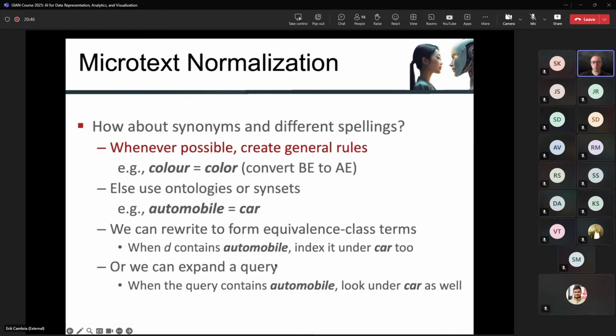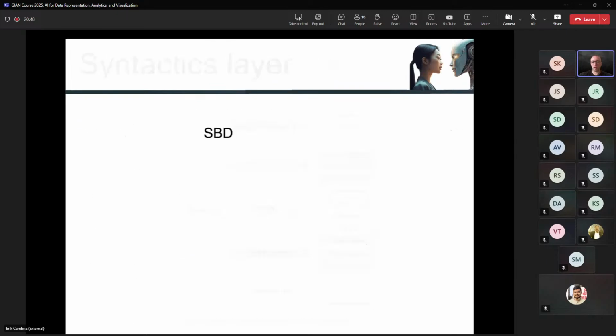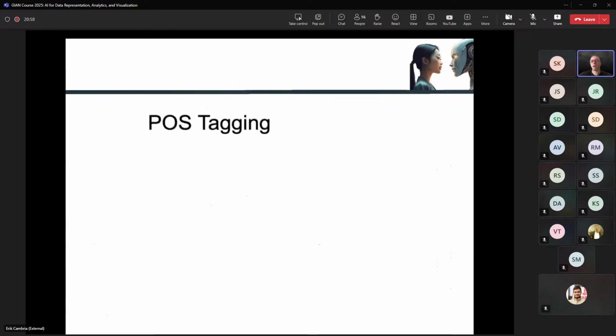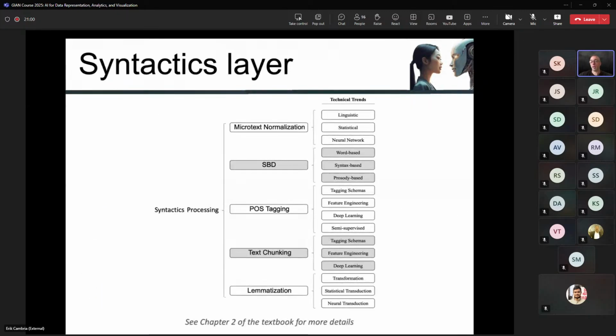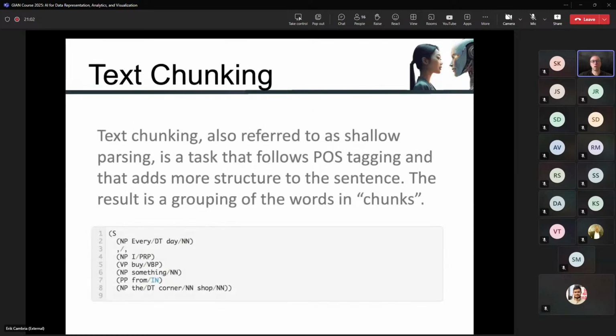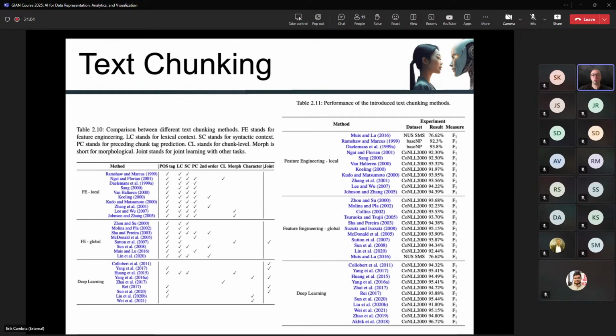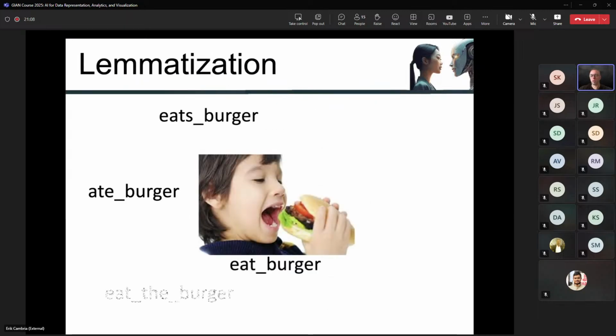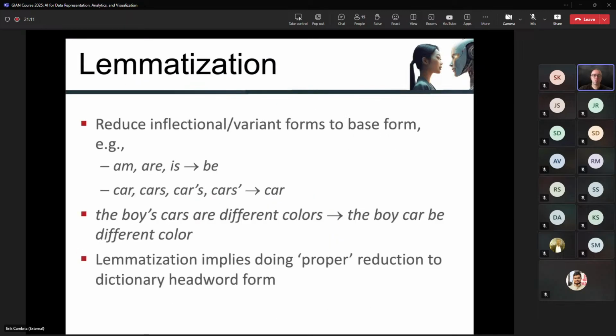So again, it's too much to look at each of these in much detail, but that's why in the book we give a nice overview of the goals of each of these modules, some datasets and benchmarks that you can use for training your algorithms, and also the state of the art in each of these NLP tasks.